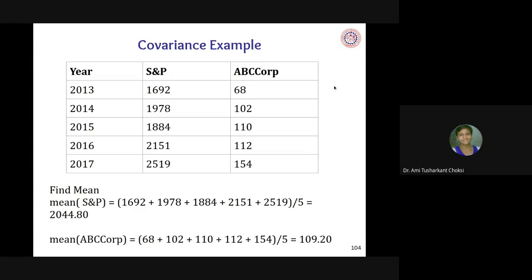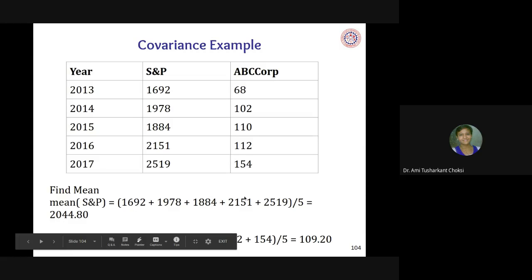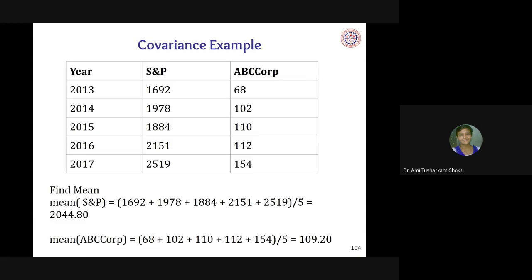We know that mean means summation divided by the number of data. So that's what we are doing. We are finding the mean for the S&P company, as well as for the ABC Corp. Right. So for both the companies, we have found the mean of our data.